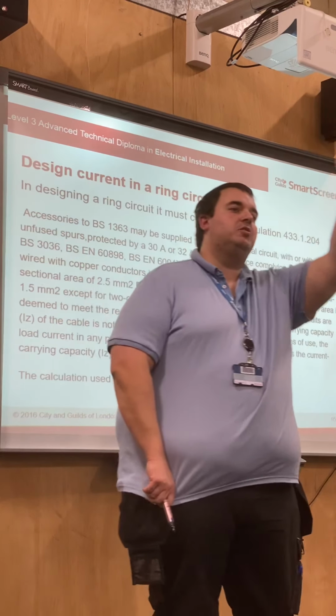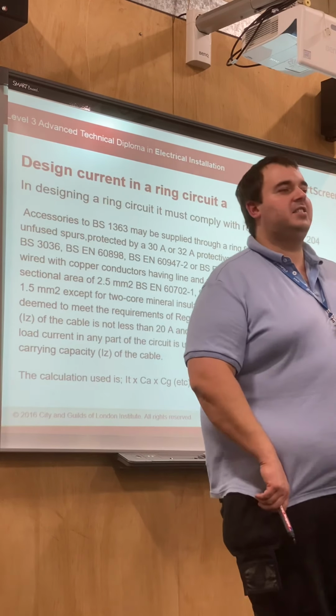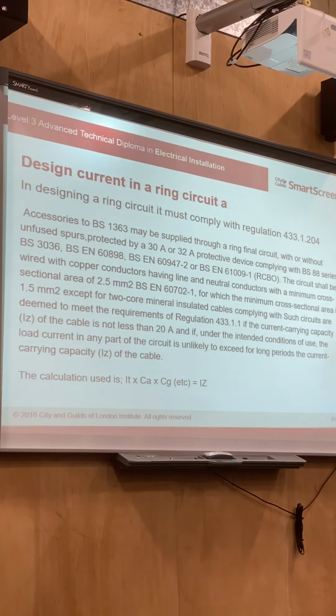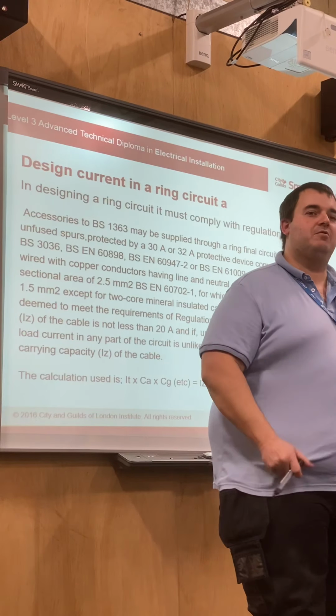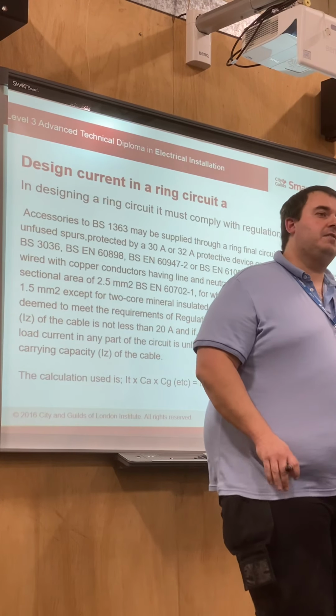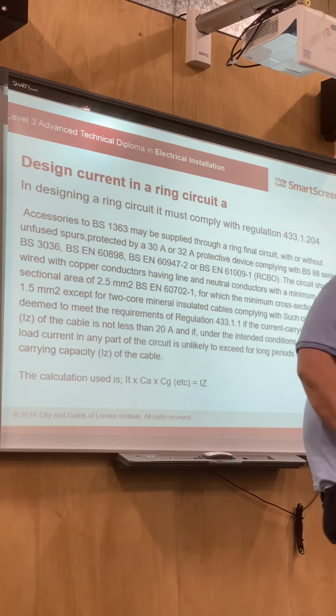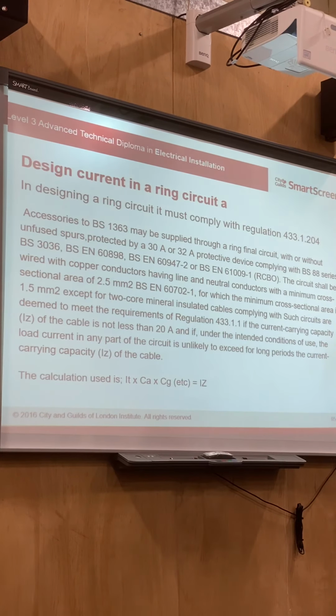Okay. So the first column tells you about the line conductor, and the second column tells you about the CPC. You can take multiple different sizes of cables and add them together to work out the resistances. The idea of that is if you're working on something like a type D breaker, you might end up needing to meet the disconnection time with a 2.5 mil live and a 6 mil earth.